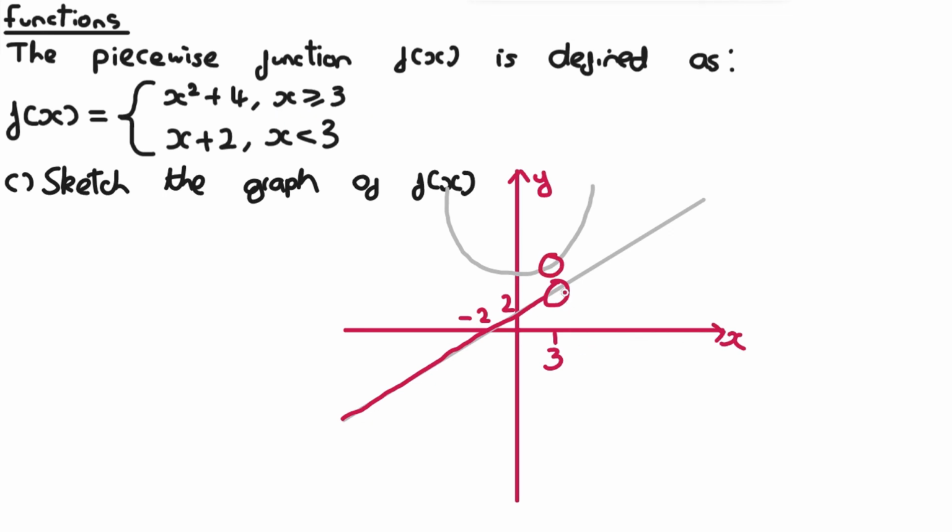So this is here, so we only include this region here, and we're not interested in this region. And we do another circle like this, and this time we do shade this in because we've got this equal sign in the inequality, so it could be equal to 3 here. And then this is the final answer. This is the graph y is equal to f of x, where the red part is the final answer and the grey part is just the working that we've done to figure it out.